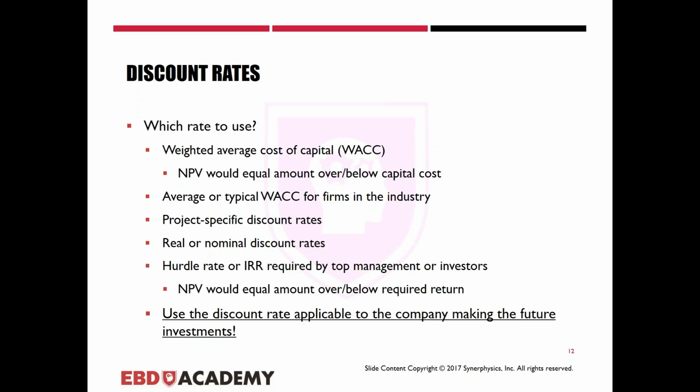So that's one way to do it. But in general, if you're going to be talking to a variety of potential partners, and they're all larger companies, use something between, let's say, 9 and 15%.